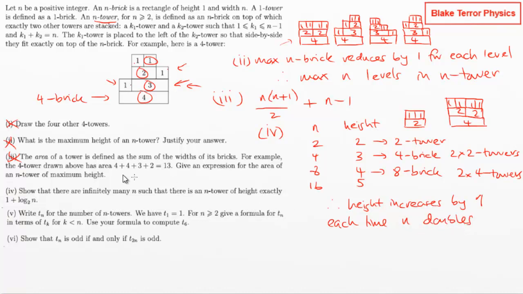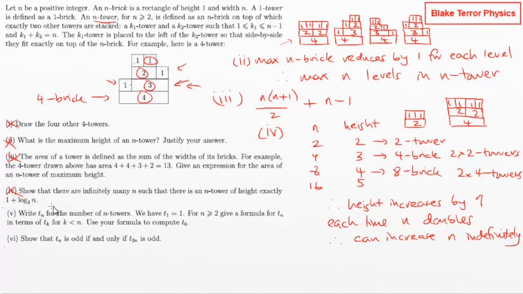That's also our minimum height, but there you go. So we're going to have infinitely many, therefore we can increase n infinitely, indefinitely. Right, so that's okay.